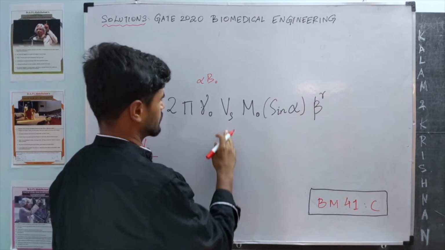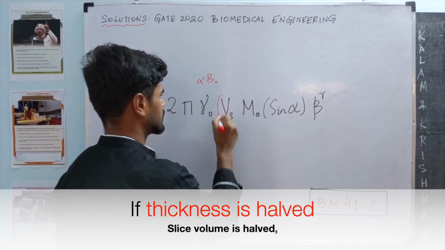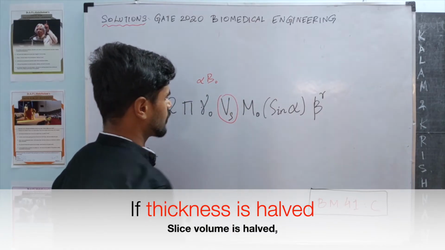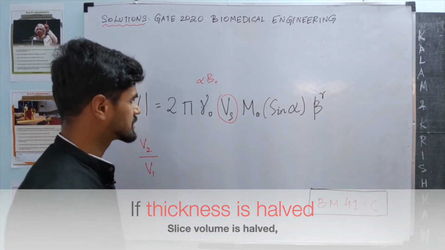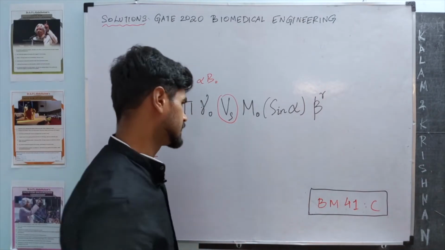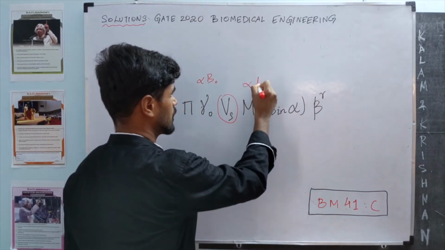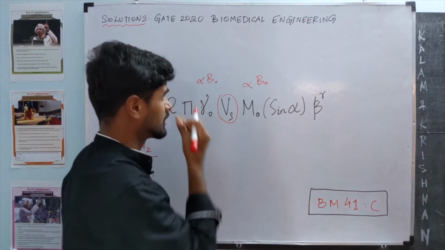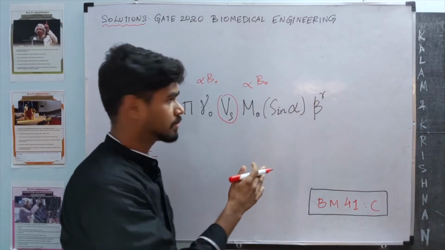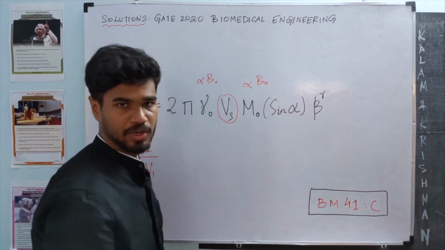So it's proportional to the slice volume as such, this term. Then M naught is the net magnetic moment in the longitudinal direction. It turns out that is also proportional to B naught. It depends on the Boltzmann constant, temperature and all that, but for this problem it is proportional to B naught.